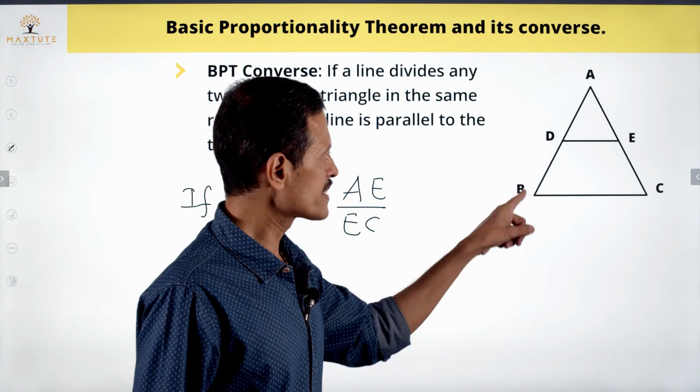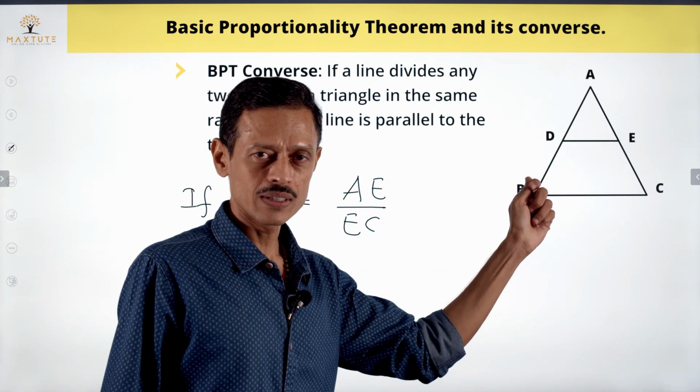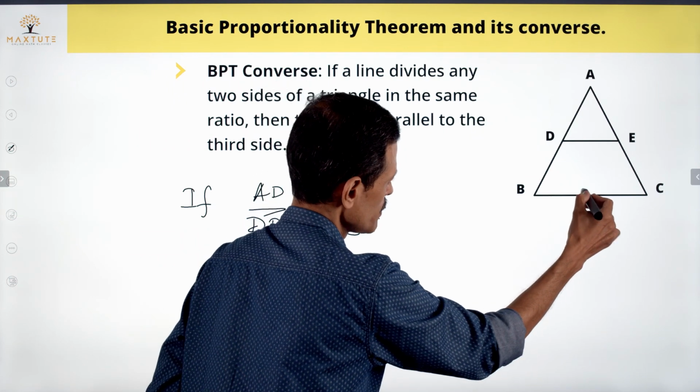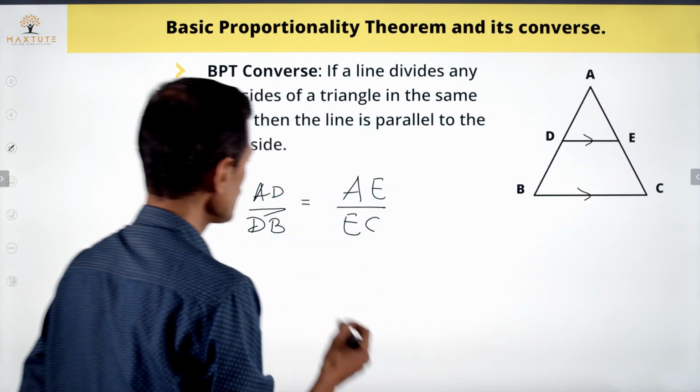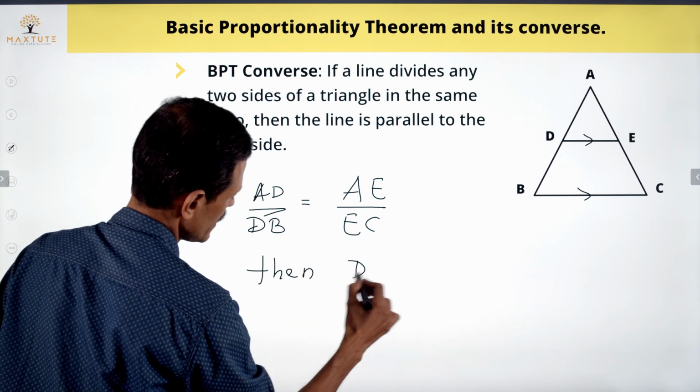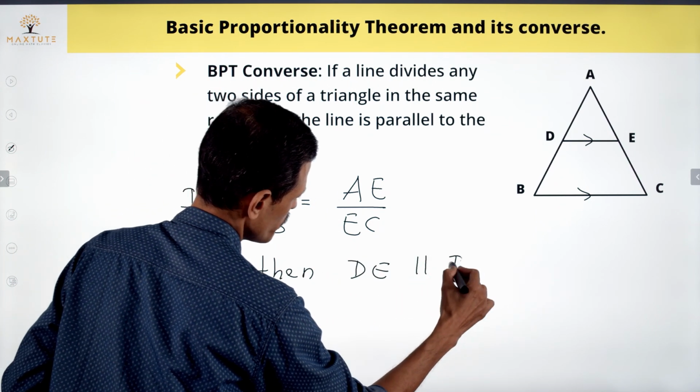Line DE divides AB and AC in the same ratio, then DE will be parallel to the third side. The third side happens to be BC. Then these two lines will be parallel. If this is known, then we can infer that DE is parallel to BC.